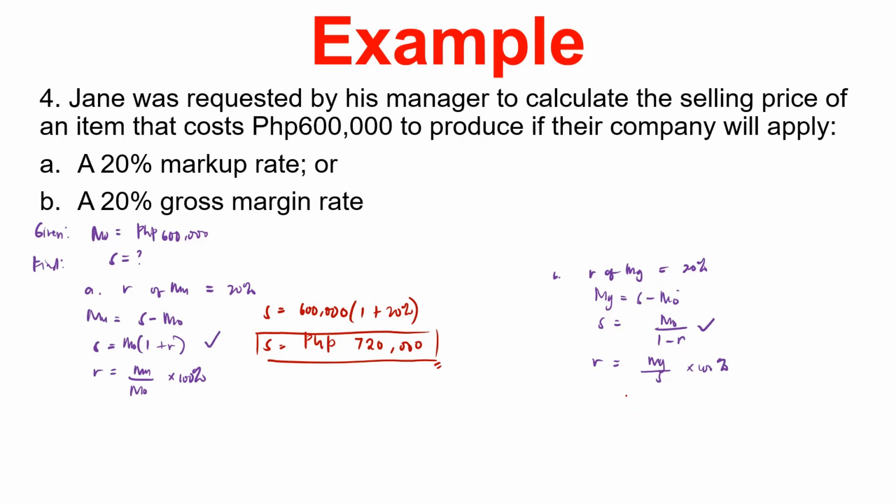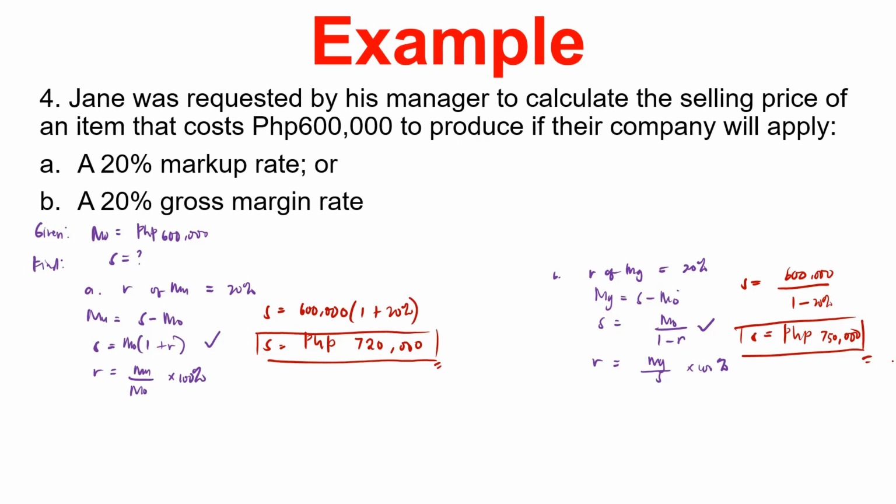Kay gross margin naman, we have the selling price is equal to cost price, which is 600,000 all over 1 minus R, which is 20% as well. If you're going to input that on your calculator, we will get the amount of 750,000.